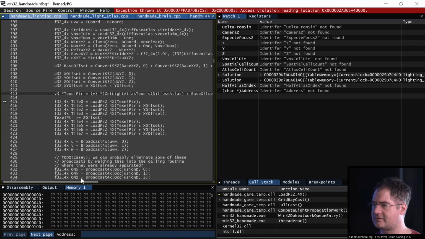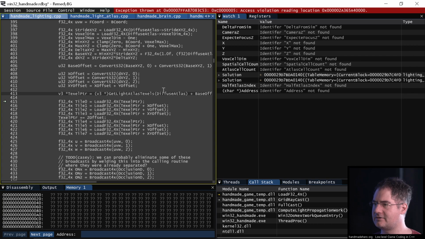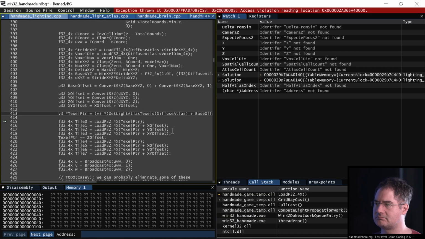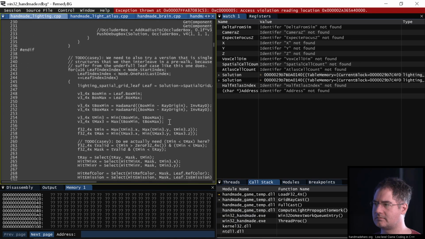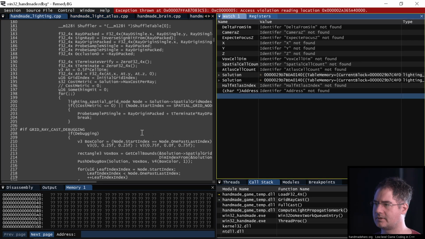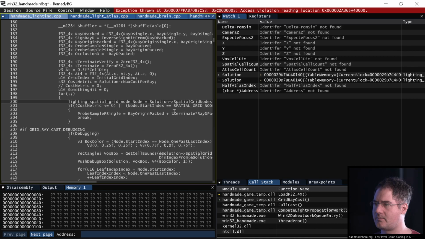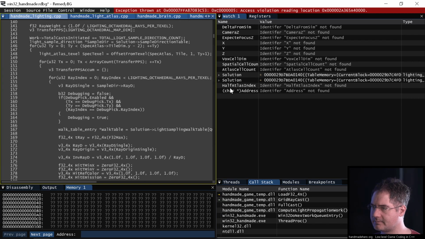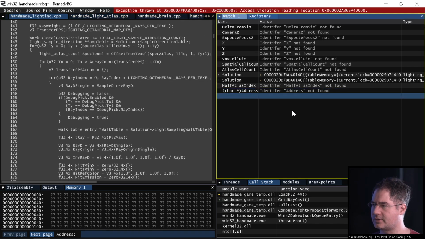Although that's just looking up into the table. So that's a problem with the walk table, probably. Let's take a quick look at walk table.